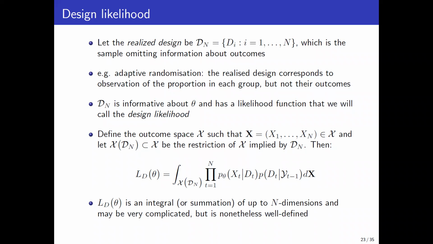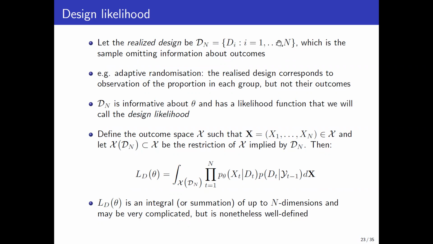So we need to think about the information that is provided by this random realization of the design. To think about that, imagine that we reduced our sample down to just the design information, which we'll call the realized design. It's essentially the elements of the observations that relate to the design features, but omitting all the information related to the outcomes, the X's.